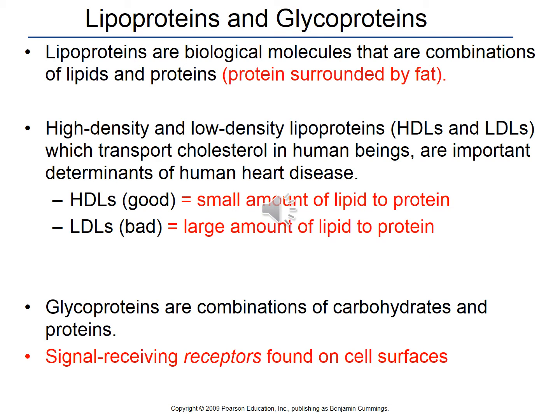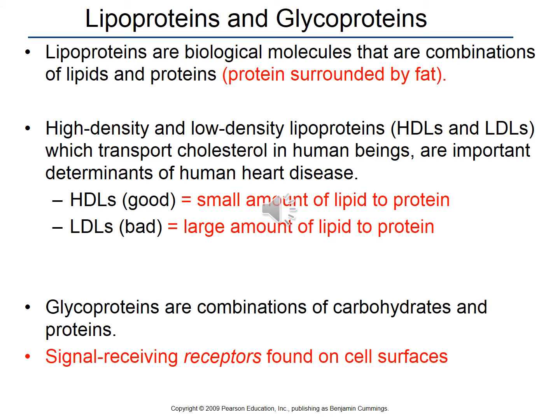Since we're talking about proteins, and we just finished talking about lipids and carbohydrates, we should talk a little bit about what are called lipoproteins and glycoproteins. So you now know what proteins are. Proteins are amino acids that come together to make polypeptides that then are functional proteins.